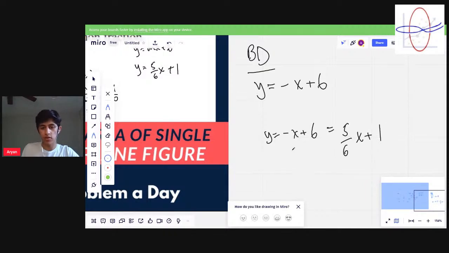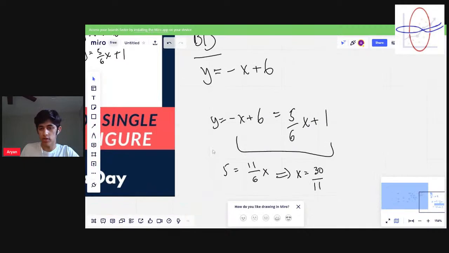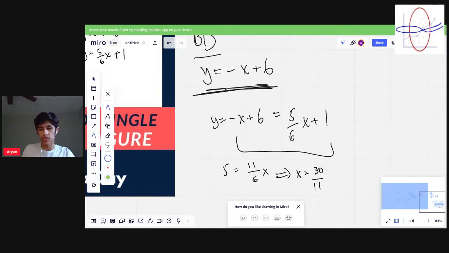Solving this, we get 5 is equal to 11/6 x, which means x is 30/11. Okay, so this gives us x. And now to find y, all we have to do is plug this value of x into one of our equations. So let's plug it into this equation right here. This equation is a bit simpler.